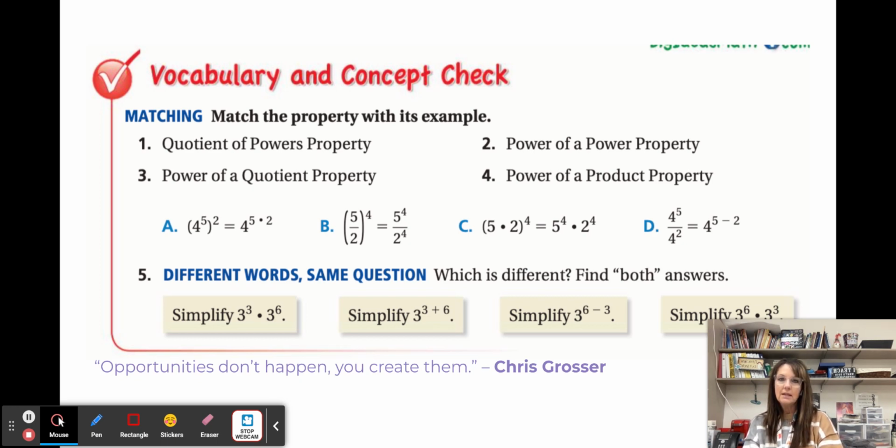And then number 5, if you choose that one instead, different words, same question, which is different, find both answers, meaning simplify all of them and see which one is different and then find both answers. The ones that are the same and then the one that's different. So basically you're simplifying all 4 things.